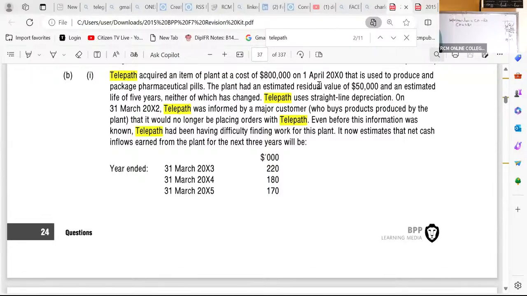On 31st March X2, so we have here from 1st April X0 to 31st March X2, when they are doing this impairment review, Telepath was informed by a major customer who buys products produced by the plant that it would no longer be placing orders with Telepath.